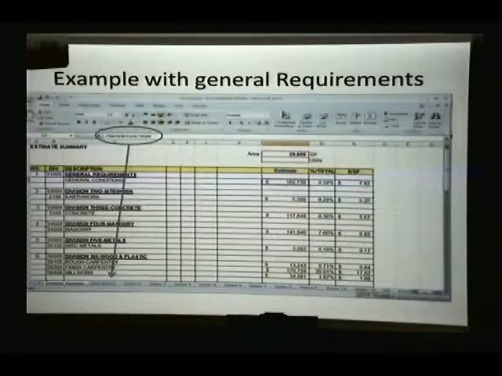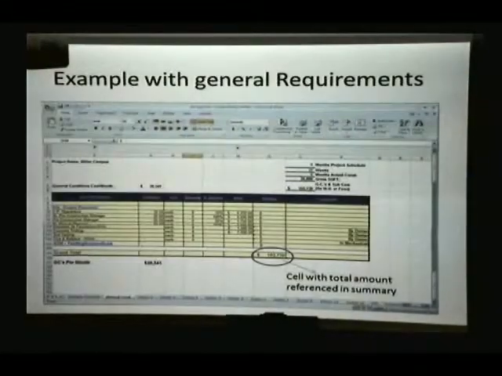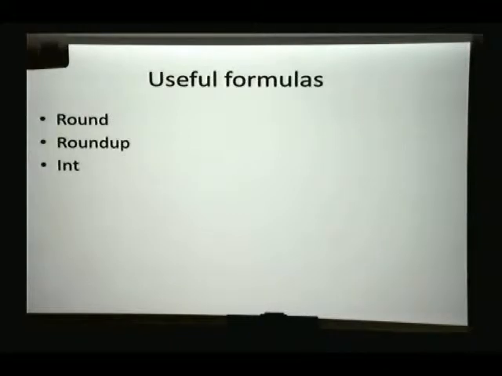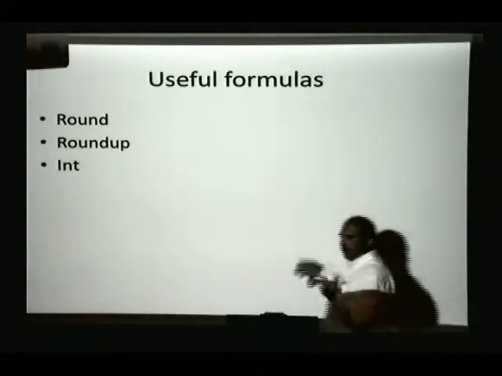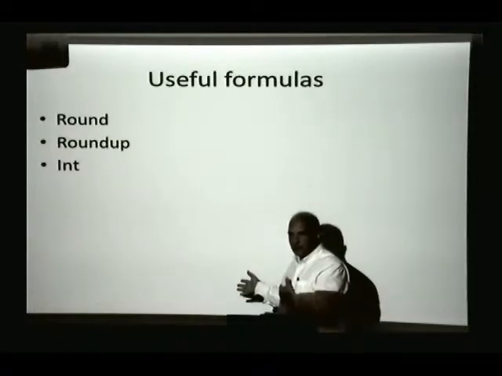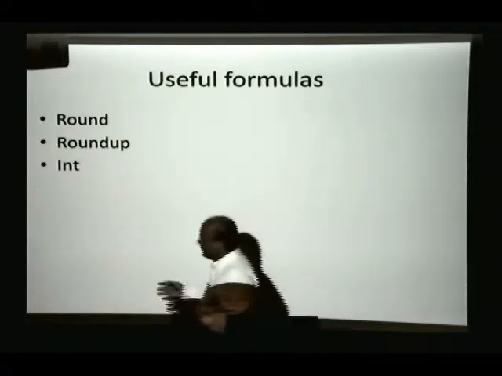Okay? So the total that appears in the summary comes from a different tab. We're going to learn how to use that in this course. You don't have to come here knowing how to do it already. We will learn how to do it.